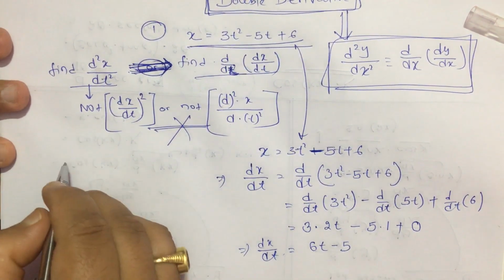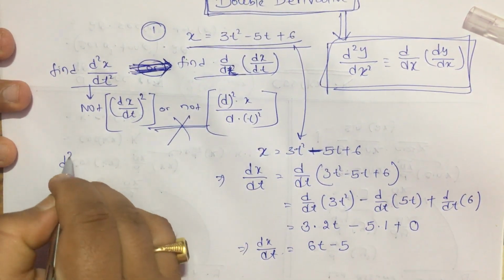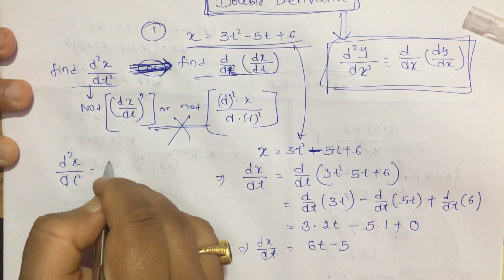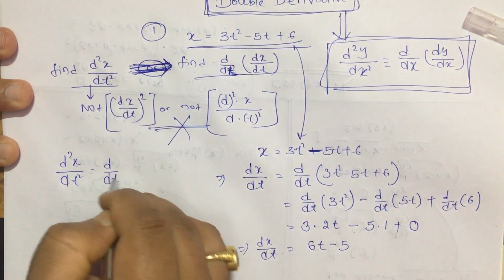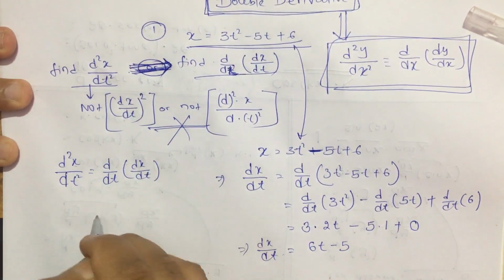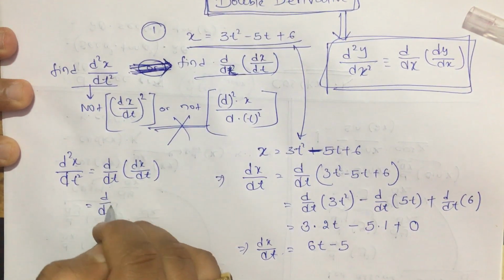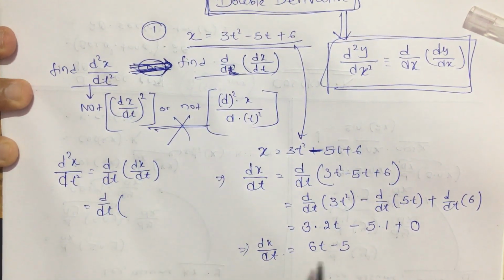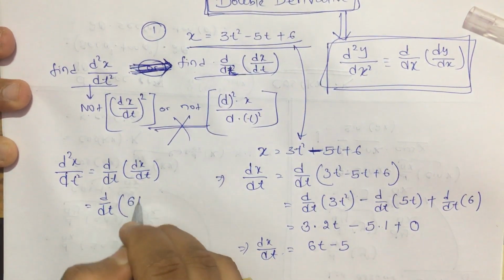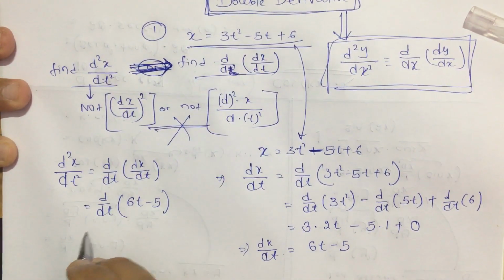Now what do we have to find? We have to find d square x by dt square. What does that mean? That means d by dt of dx by dt. So what you have to do is d by dt of this answer. Dx by dt is this one, so d by dt of 6t minus 5.